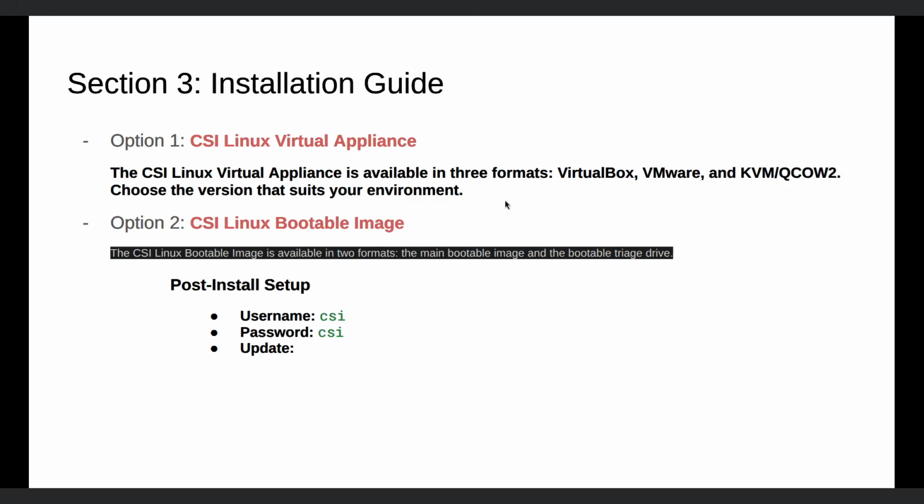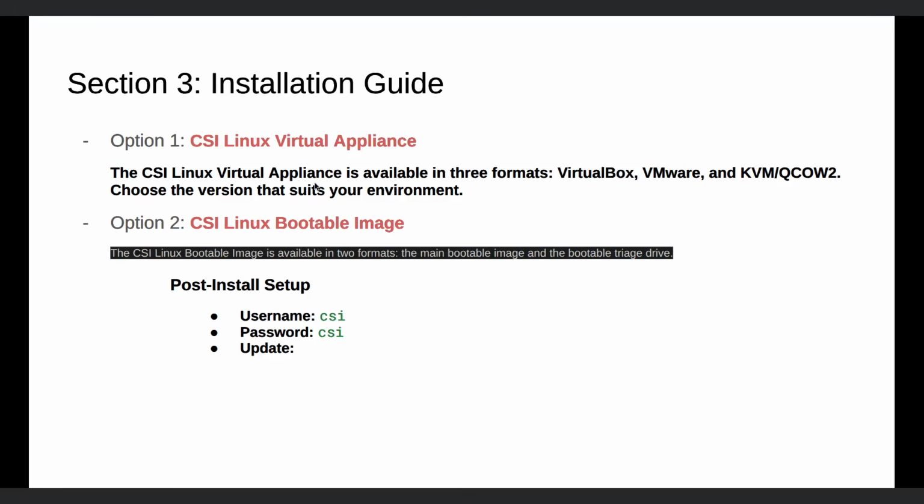So to get started with CSI Linux, you need to install it so that you are able to access these tools. We have different options, and the first option is using the Linux virtual appliance, which is available in 3 formats. You can use VirtualBox, VMware, which we are going to use in this video, and KVM also.